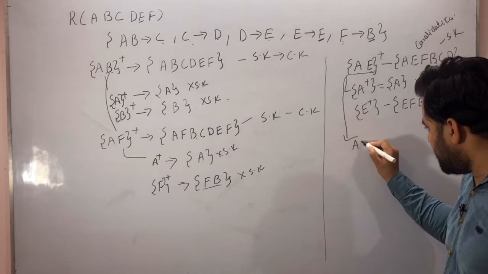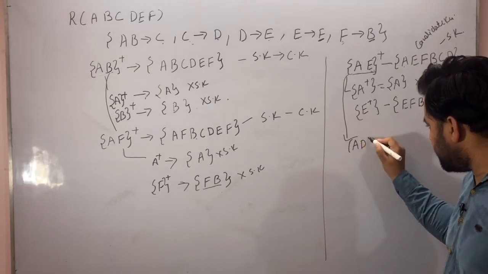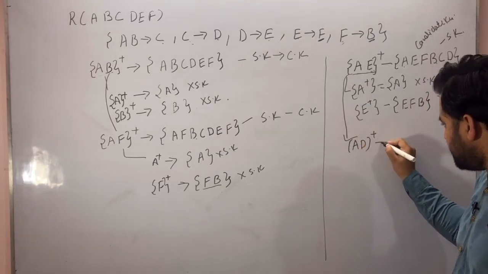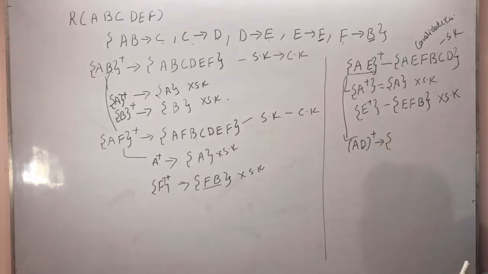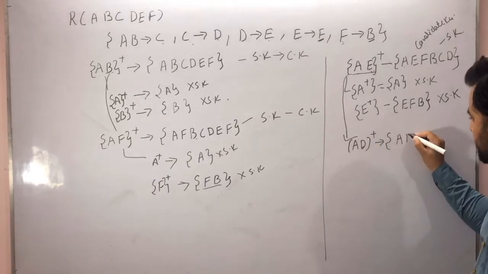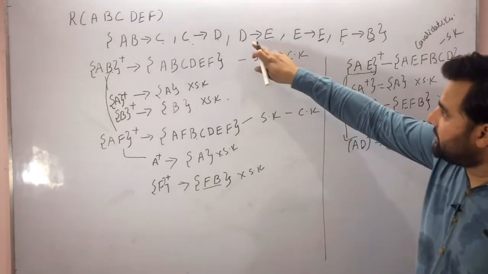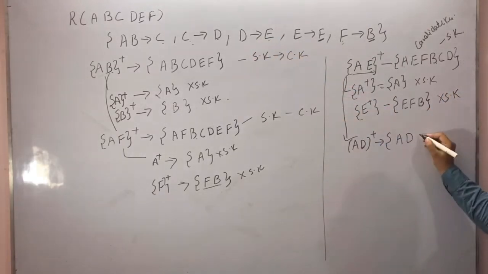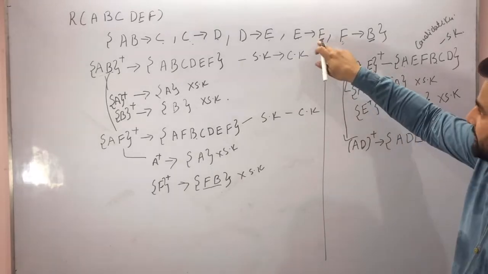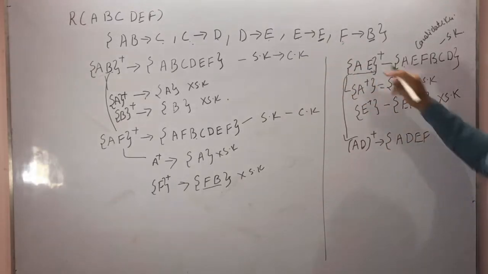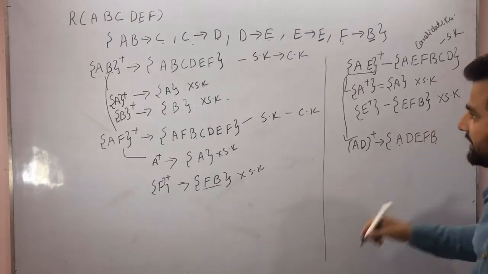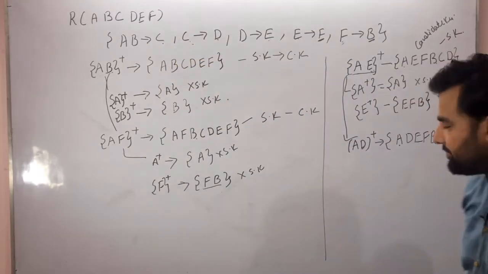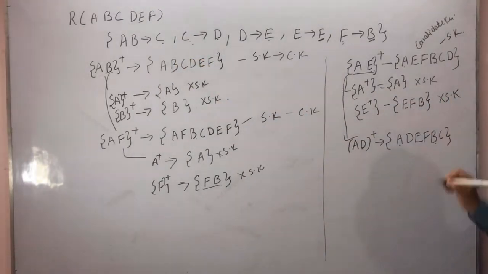That is A and D. So we'll take the closure of this A and D. We'll see whether I'm getting all the attributes. So here student, A and D will be here, and from D I'm going to E. From E I'm going to F. From F I'm going to B, and from A and B I'm getting C. So that means I found all the elements.